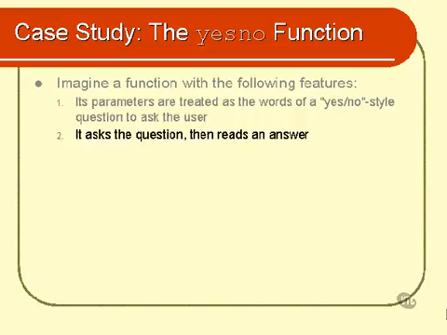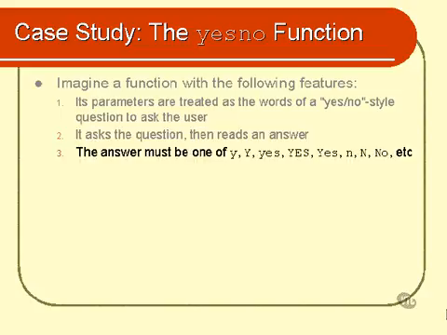Secondly, it will read an answer from the keyboard and check that the answer conforms to one of the following styles: lowercase y, uppercase Y, lowercase yes, or the same for n, no. Anything basically that starts with a y or starts with an n.